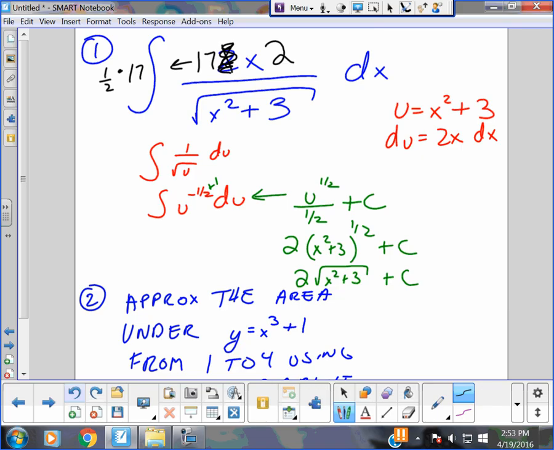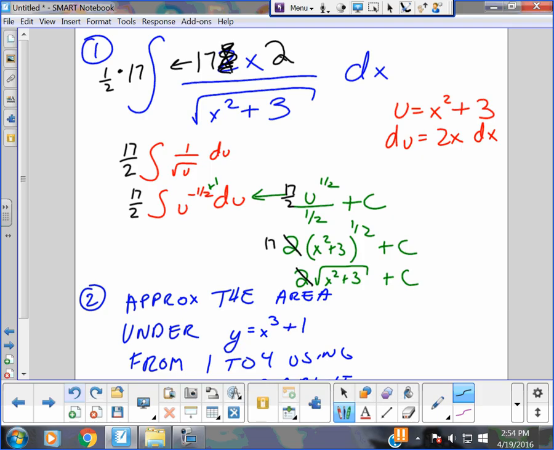Because what's a half times 2? 1. What's 1 times 17? 17. So the only difference in this problem on the next step is that you get this coefficient in front. And what do you do with it? You just drag it along, and it's just going to be 17 on this problem.